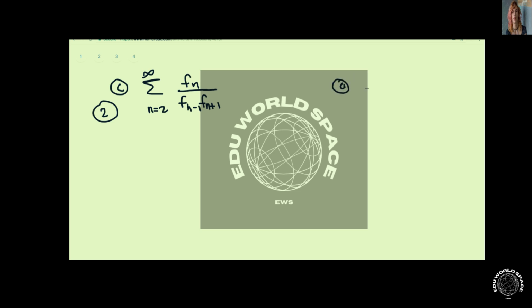So from part A we had, but we also have this Fn in the numerator now. So let's just introduce that Fn over here by multiplying it up top.